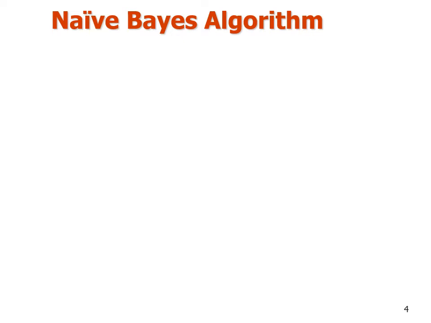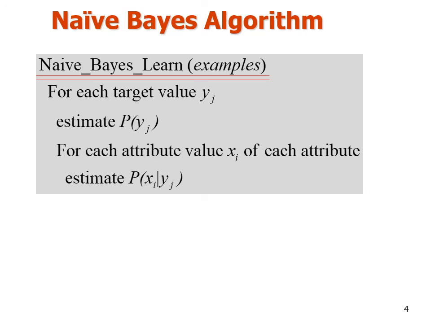Now, in this slide, I have tried to simplify our Naive Bayes algorithm as far as practical implementation is considered. Practically, if we would like to use this algorithm for classification, we have two important steps: number 1, the learning step, and number 2, the classification step. In the learning step, we need to estimate probability of yj and probability of xi given yj.